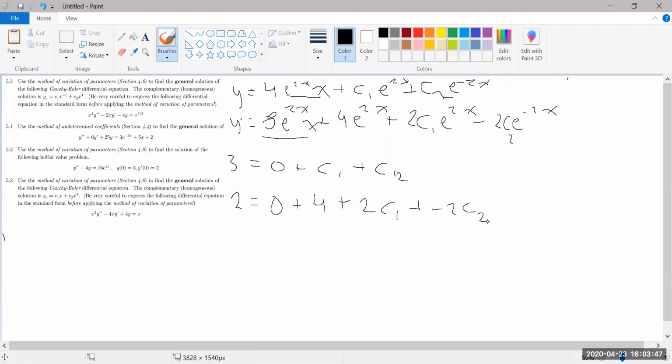So when you subtract this 4, you get negative 2 equals 2c1 plus negative 2c2. Okay, so if you divide everything by 2 here, or negative 2 if you'd like, you get minus c1 plus c2. Okay, so now we can look at this equation up here.